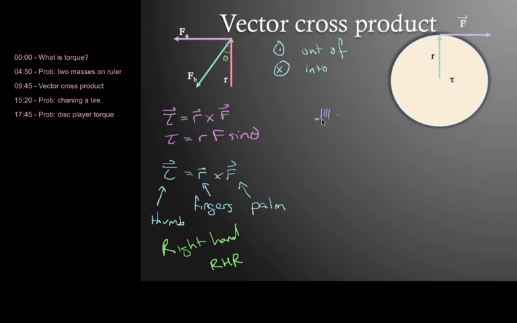And now what I need is for my palm to be facing in the direction of F. So if this is my arm, what I have to do is rotate my arm so that my palm is facing this way and my fingers are facing up in the direction of R. So if my fingers are going this way, my palm is facing this way, my hand is pointing straight up right now, my palm is pointing in this direction. My thumb is into the screen.